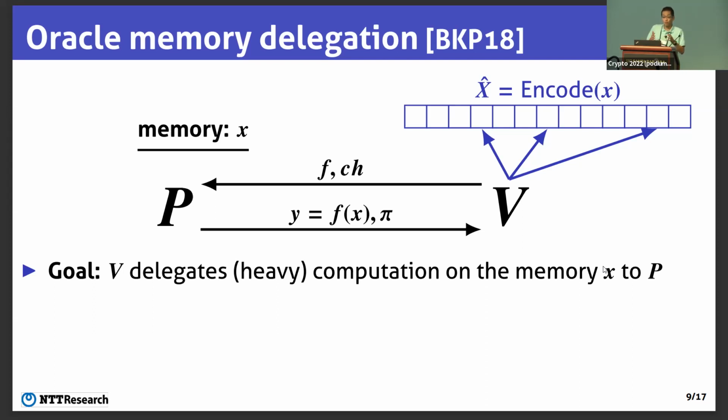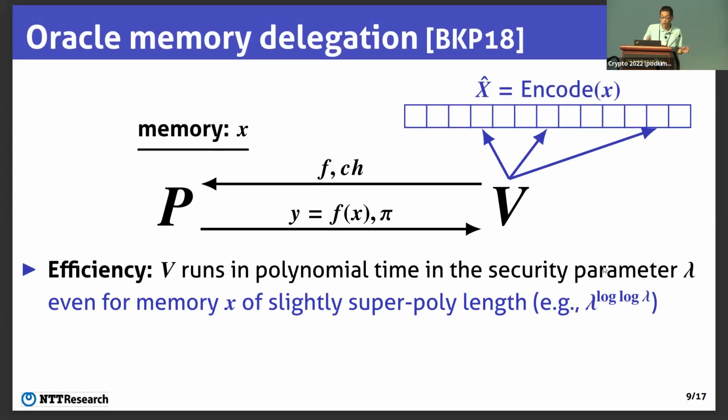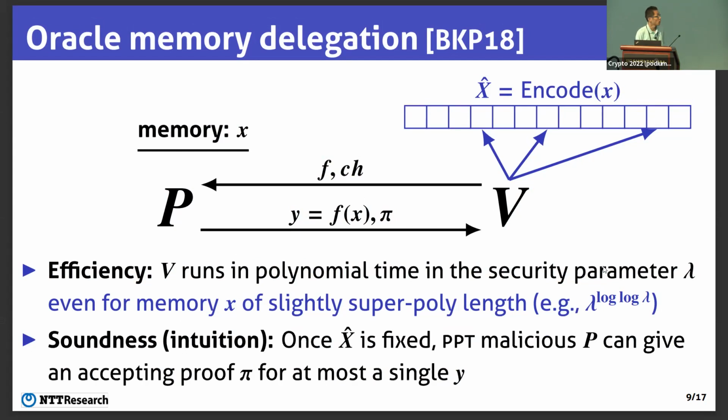So even when the memory is very long, the verifier can still be efficient because it does not need to read the entire memory. In this work, we require that the verifier runs in a fixed polynomial time, even when the length of the memory is super polynomial. And of course, we also have a soundness requirement, which intuitively says that the prover cannot give a convincing answer for an incorrect output.